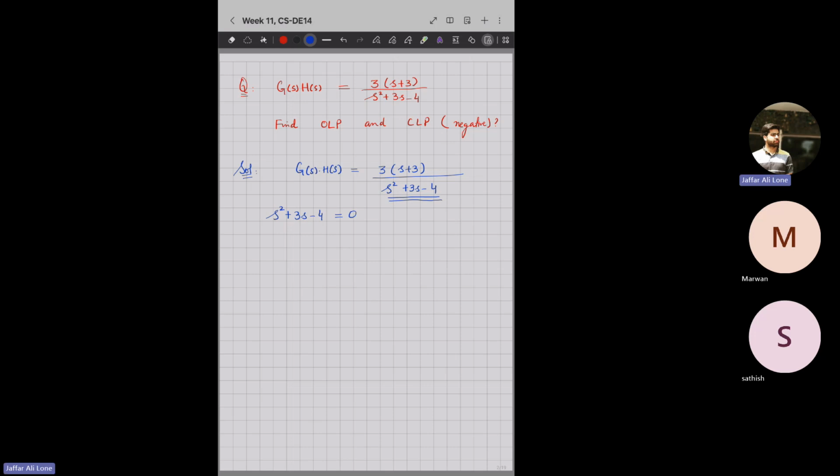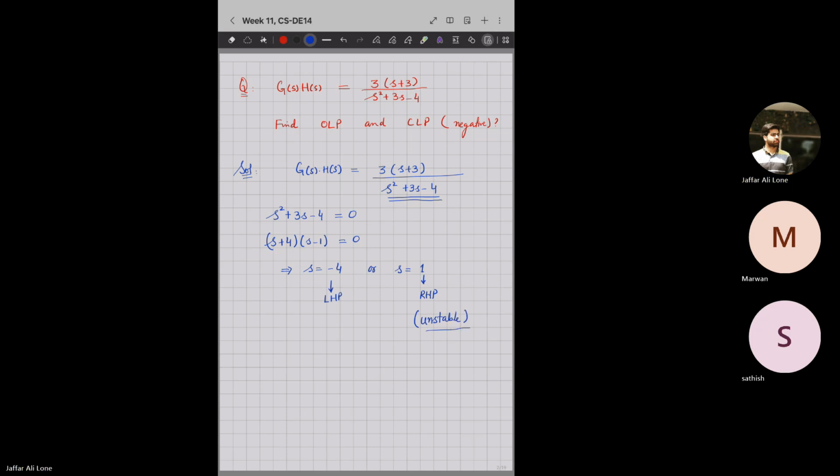Solving it, we can write (s plus 4)(s minus 1) equal to 0. It implies s is either minus 4 or plus 1. So there is one pole in the LHP and another pole in the RHP. So this open loop transfer function is unstable because of the pole in the RHP.